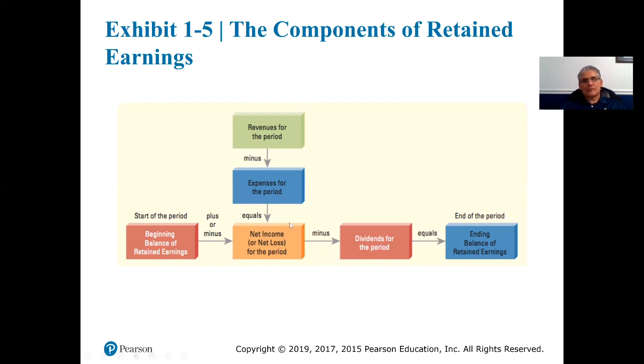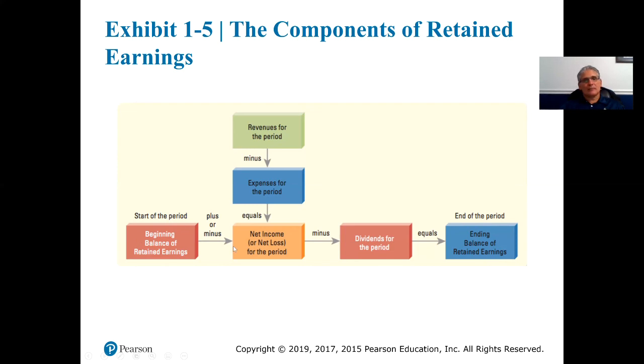We pay dividends based upon income. If there's no income, there's no dividends. But if we made money, we might pay some of these. This is the reward to the shareholders, right? Thank you for investing with us. Here's some money. And then we're going to take that net income, subtract the dividends, and that's going to equal what our retained earnings is for the end of the year.